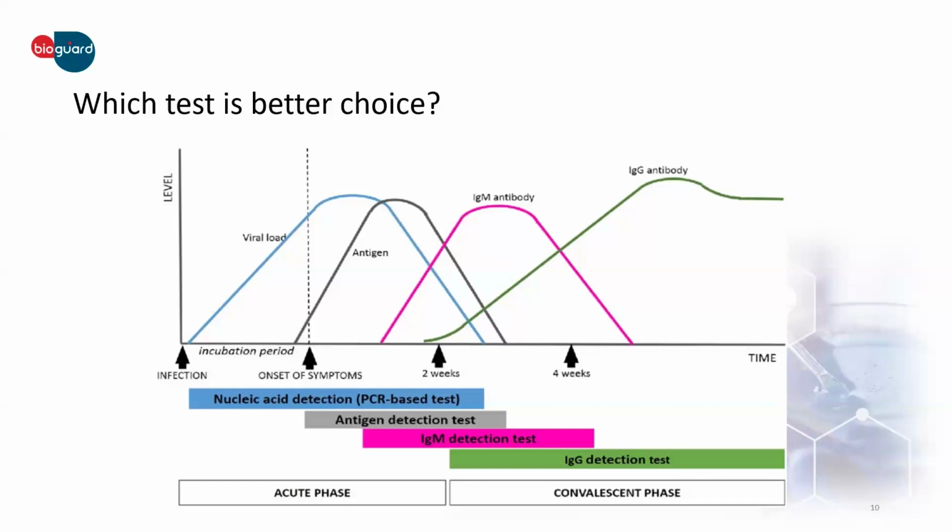But generally, for infection, if we detect the nucleic acid, like PCR or reverse transcription PCR, which detects the RNA, usually it can detect the infection at the earliest time. And then comes the antigen rapid test. And antibody will show up even later. IgM will show up first, and then the IgG antibody.